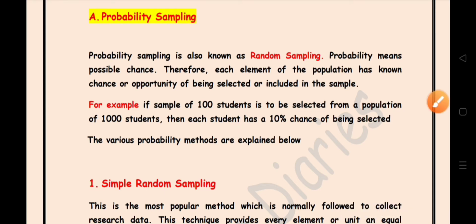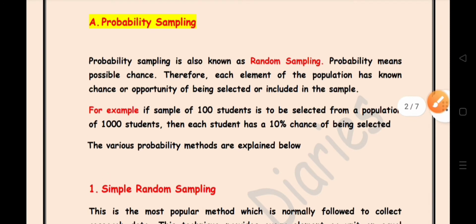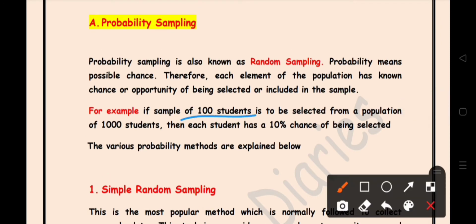Let us understand with an example. For example, if a sample of 100 students is selected from a population of 1000 students, each student will have a 10% chance of being selected.